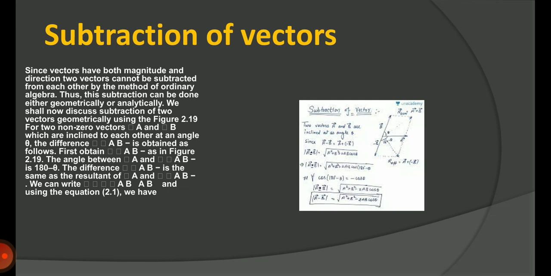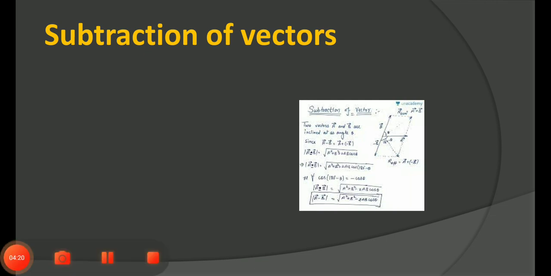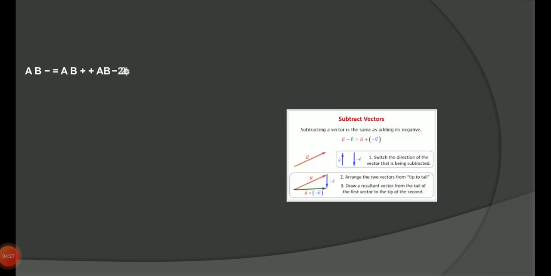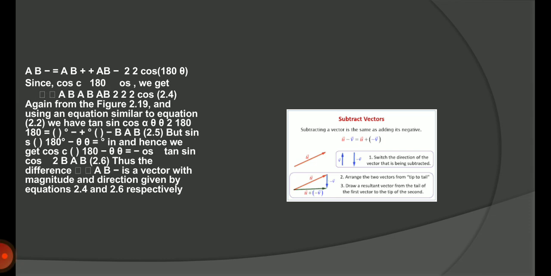We can write R equals A plus negative B, and using equation 2.1 we have R equal to the square root of A squared plus B squared plus 2AB cos of 180 minus theta. Again from figure 2.19, using a similar equation, we have tan alpha equals B sin of 180 minus theta over A plus B cos of 180 minus theta. But sin of 180 degree minus theta equals sin theta, and hence cos of 180 degree minus theta is equal to minus cos theta.